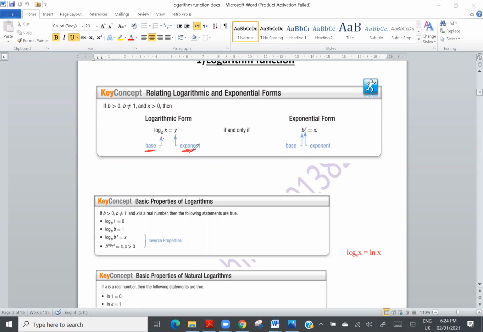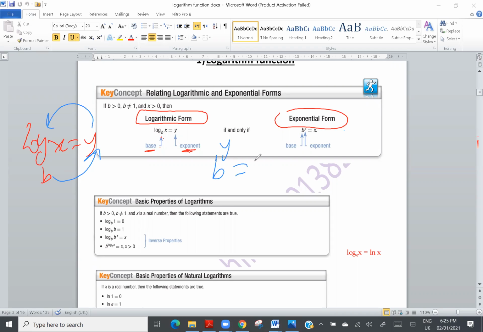But how can I convert from logarithm form to exponential function? If you have log base b of x equal y, you can change it to exponential function in this order, b power y equal x. So it will be b power y equal x.